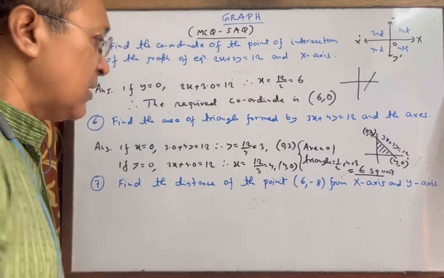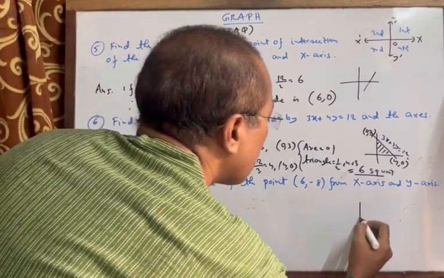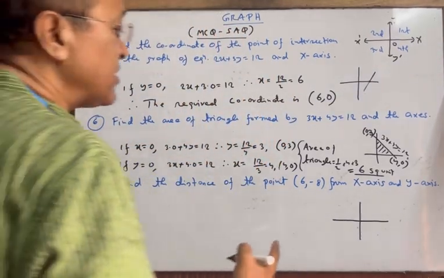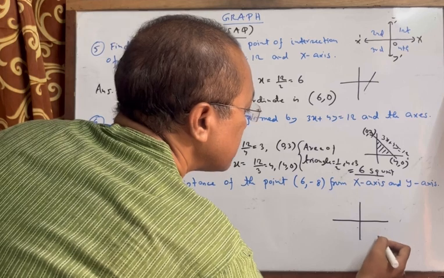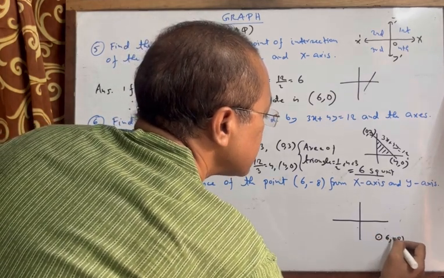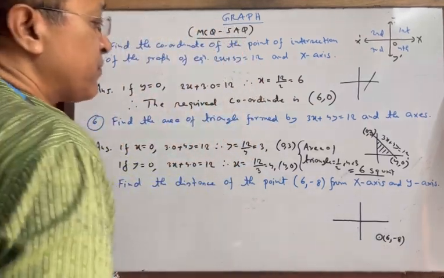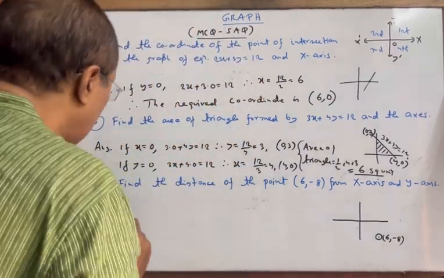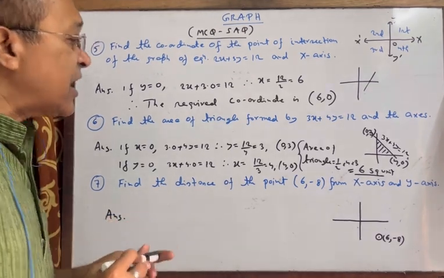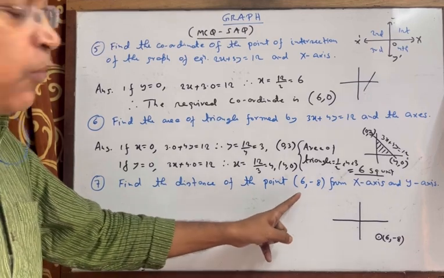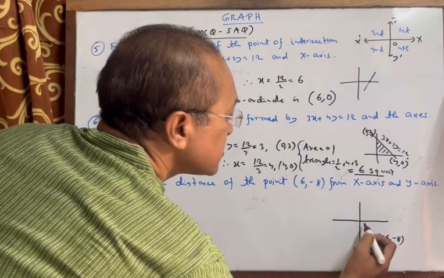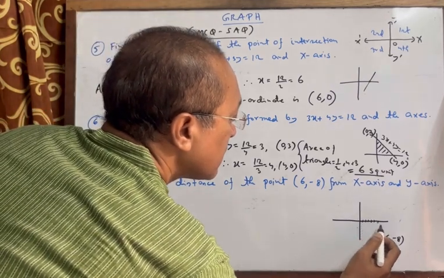Let's see. (6, -8) means this position would be like this. So the distance of the point (6, -8) from the x-axis. So this one is 6 and this one is 8.